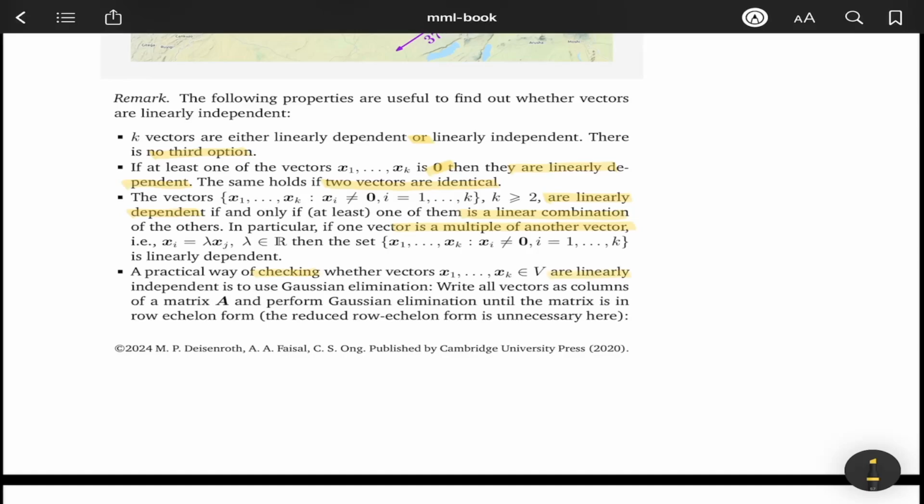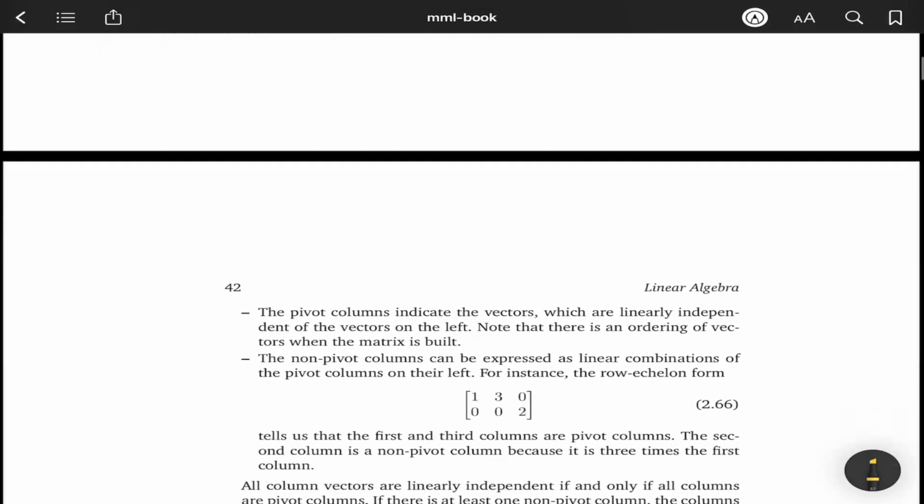Checking if they are independent, use Gaussian elimination. Write all vectors as columns of a matrix A and perform Gaussian elimination until the matrix is in row echelon form. Basically the staircase thing. The reduced one, where you only have pivots of 1 and everything else is 0, is not necessary.